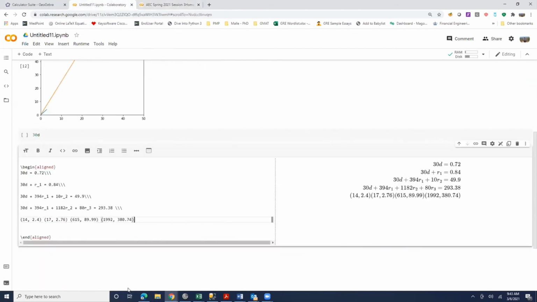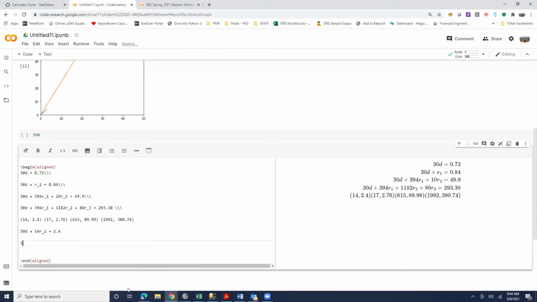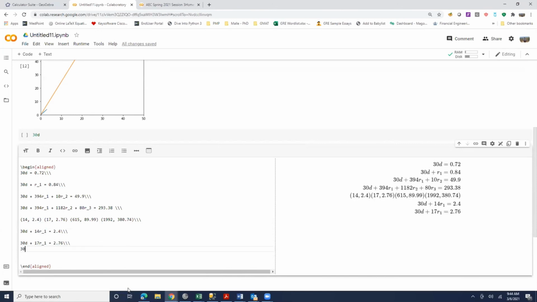The equations that you would get here are 30D plus 14R1 equal to 2.4, and 30D plus 17R1 equal to 2.76, and 30D plus 394R1 plus 221R2 equal to 89.99.